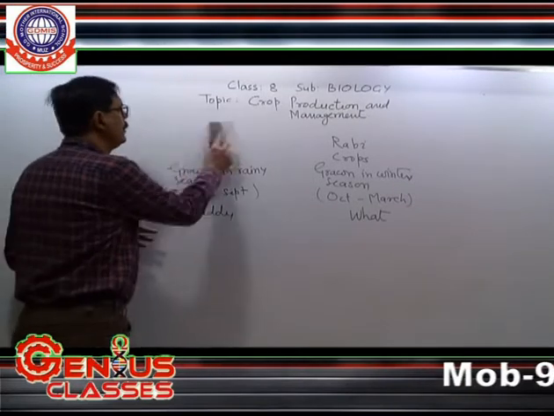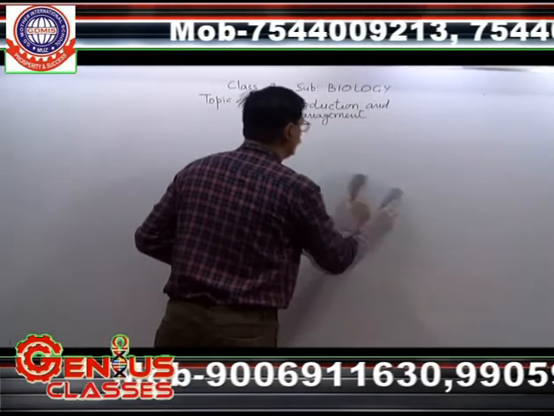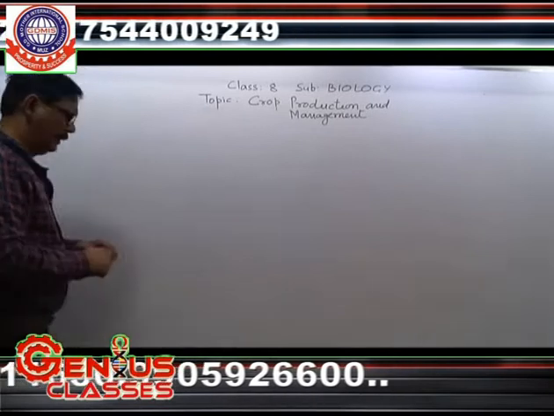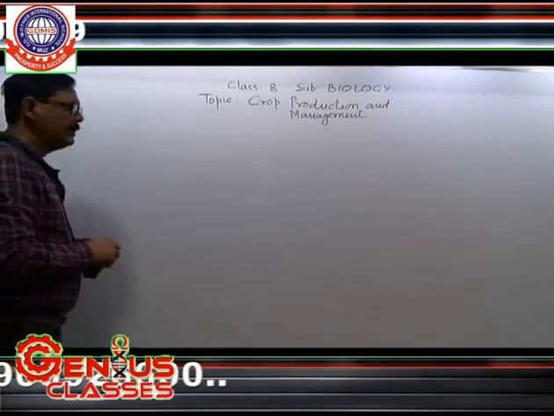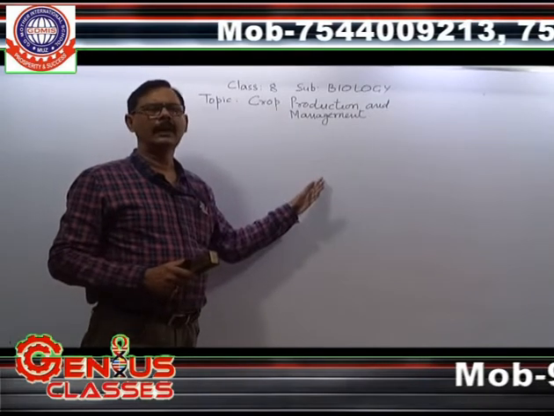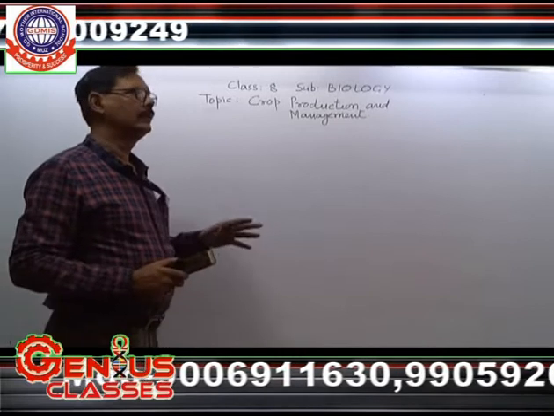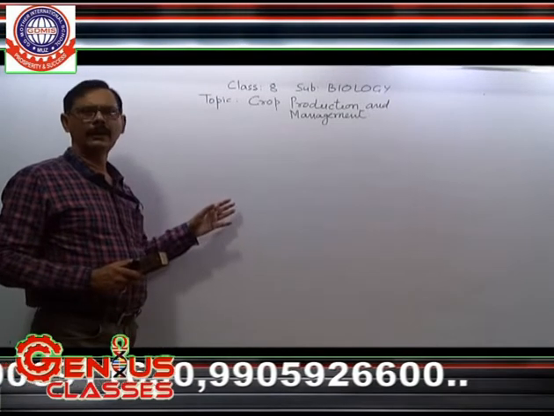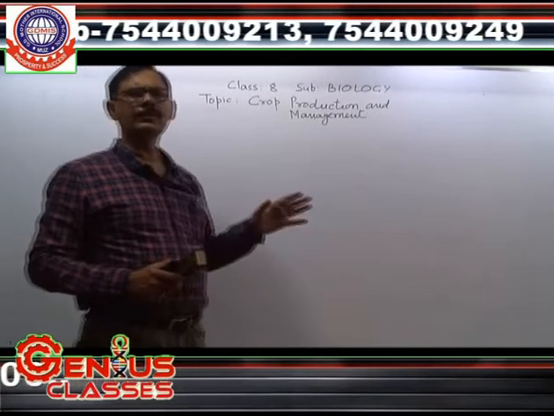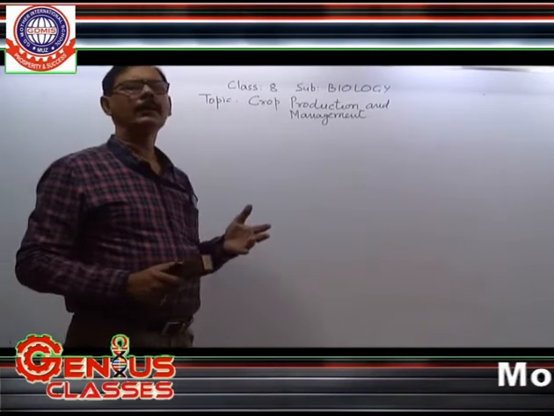So let us discuss those steps involved in the crop production. Since crops are grown in the fields, that is in the topsoil. Topsoil gives support to the plants, animals, as well as the microbes present in the soil. Many are our friendly ones.